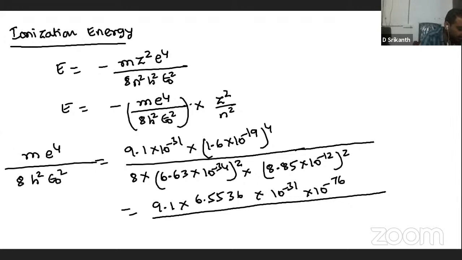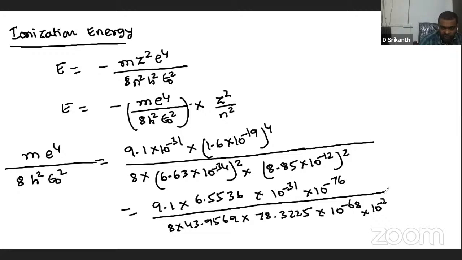That is 43.9569 into 8.85 square, 78.3225, 10 power minus 68 into 10 power minus 24.